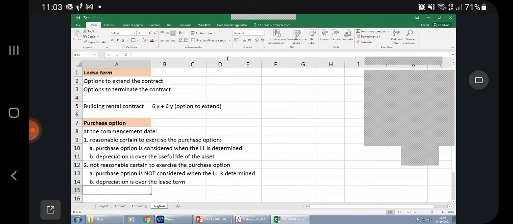The period for the depreciation is the lease term. Is this clear for everybody?